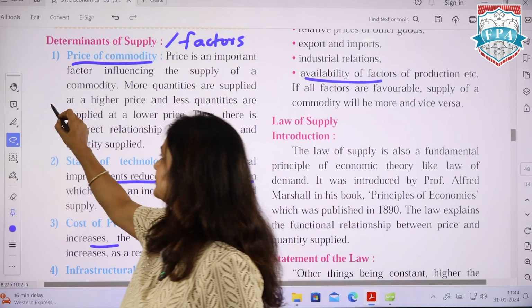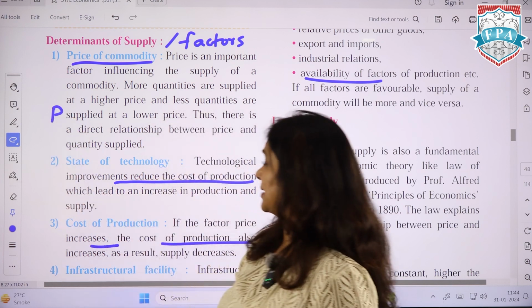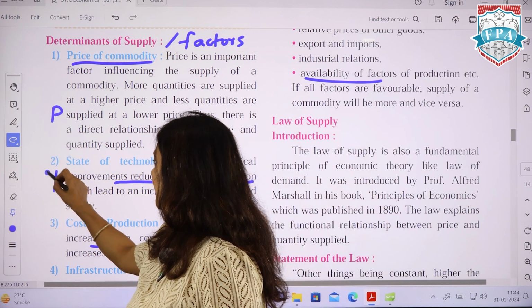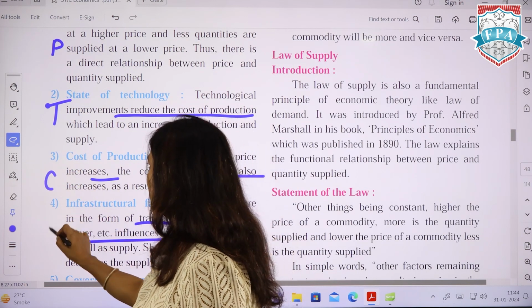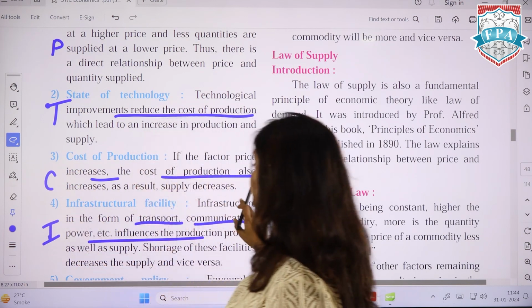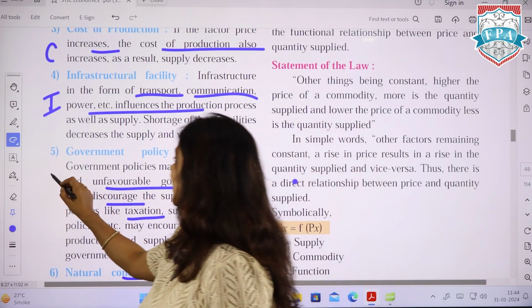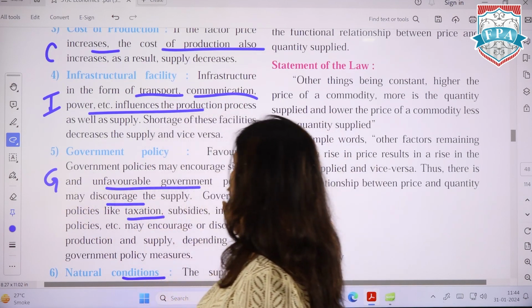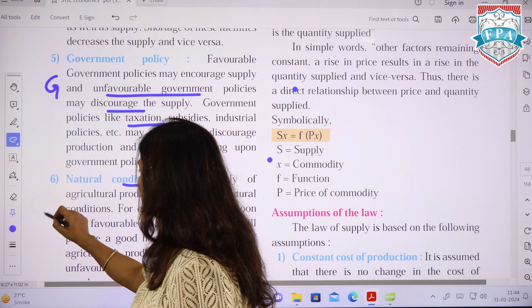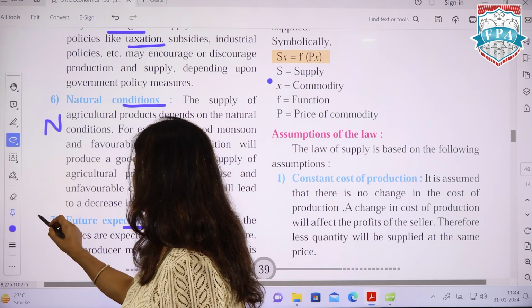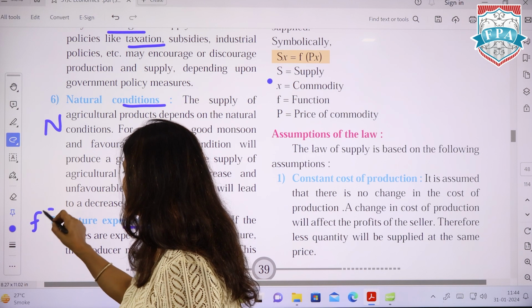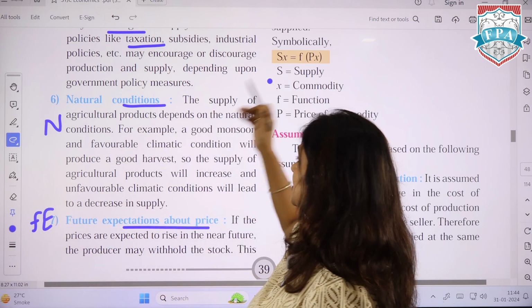If we take up a long question: price, technology, cost of production, infrastructure, government, natural conditions, and your future expectation, yes or no. And of course, the other factors.